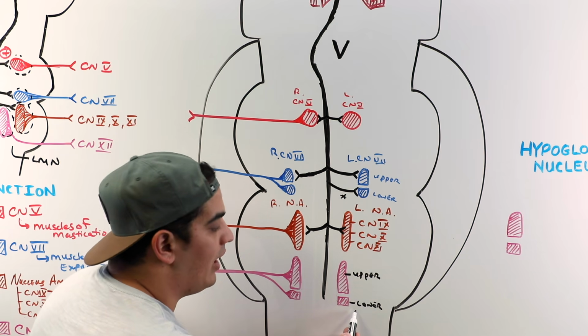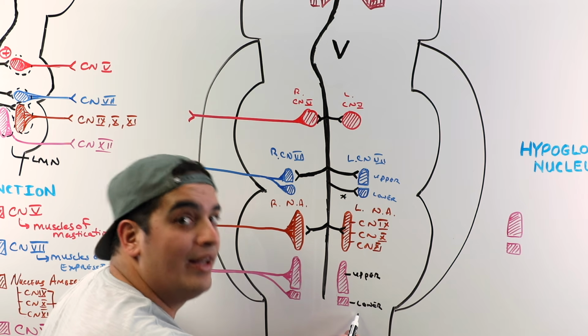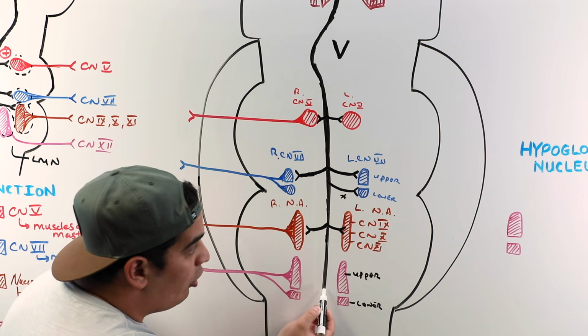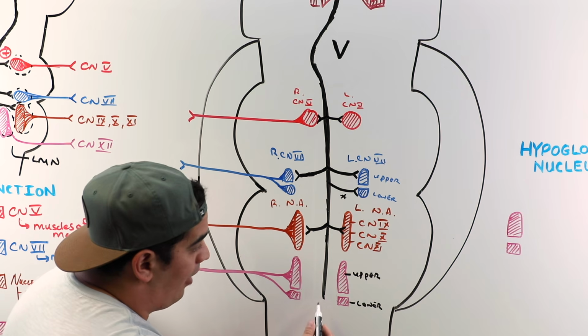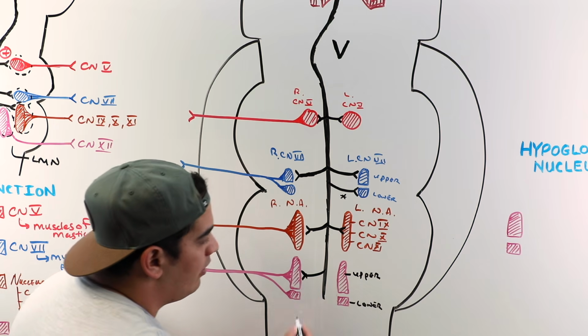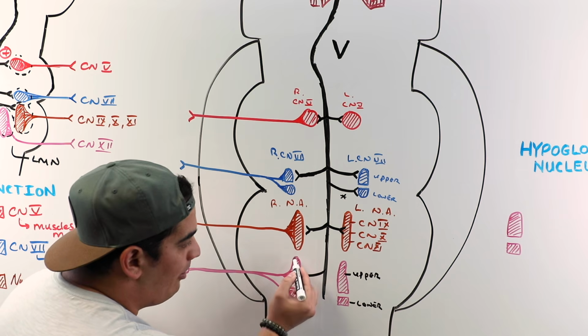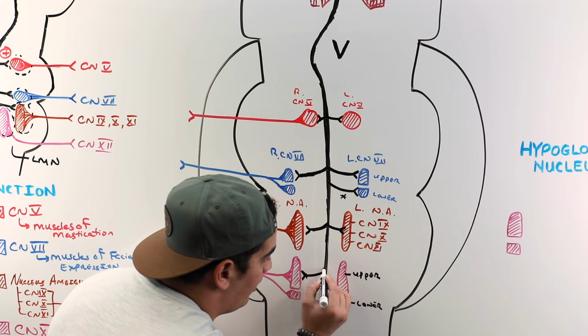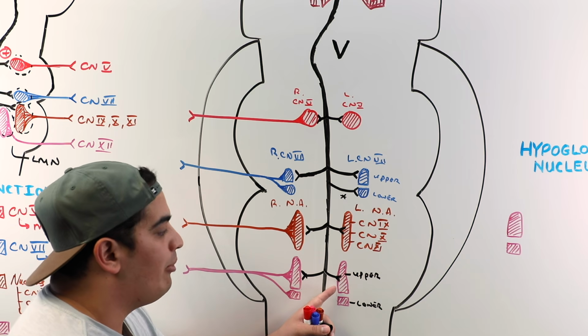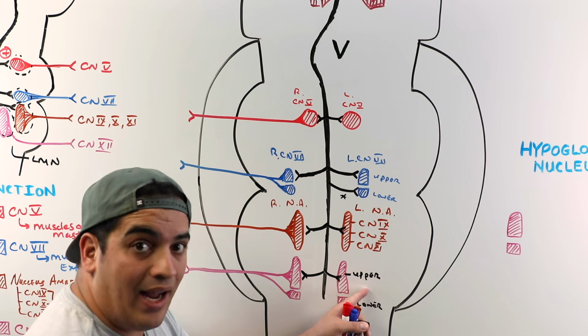The lower part supplies the muscles of the tongue only for genioglossus. This right corticobulbar tract, which is the only one we're following right now, gives off an ipsilateral fiber to the right hypoglossal nerve nucleus, the upper portion, and a contralateral fiber to the upper hypoglossal nucleus on the left side.